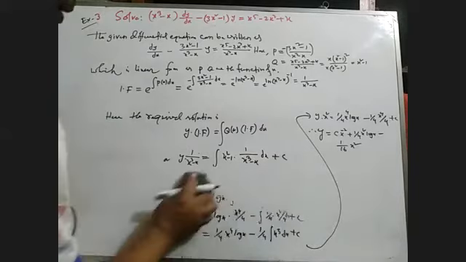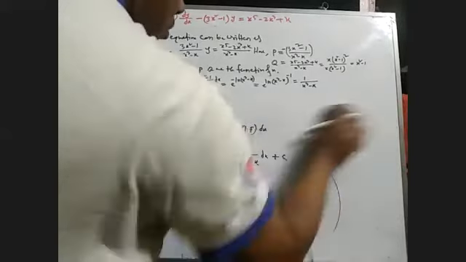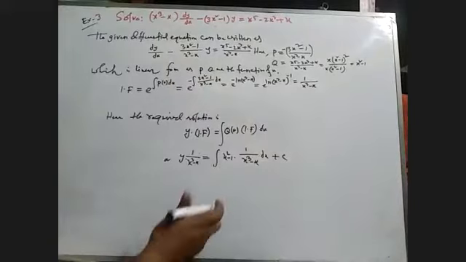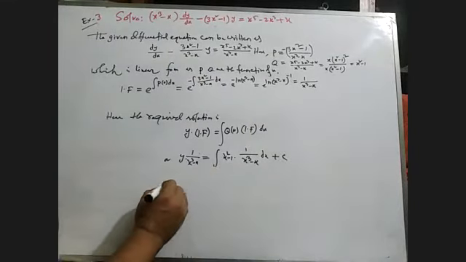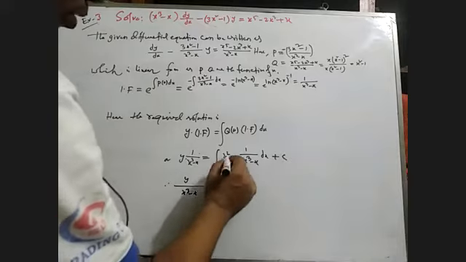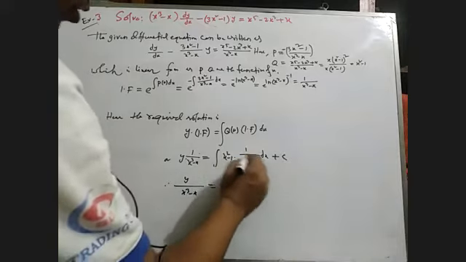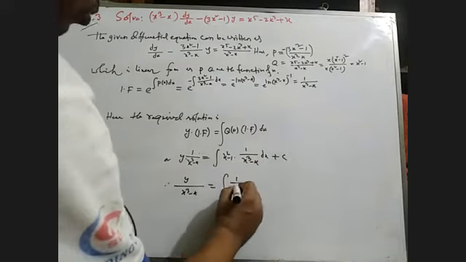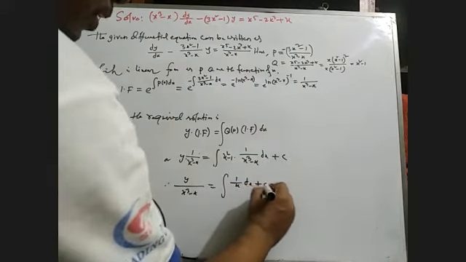So y divided by (x cube minus x) equals, and here x square minus 1 will be cancelled, so only the integral of 1 by x dx plus c.